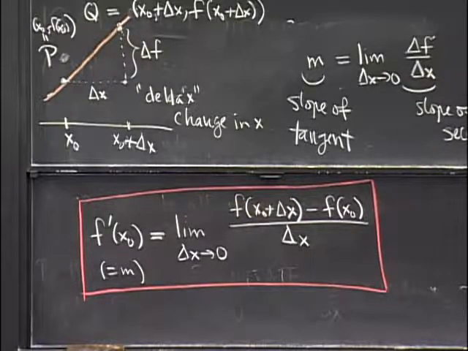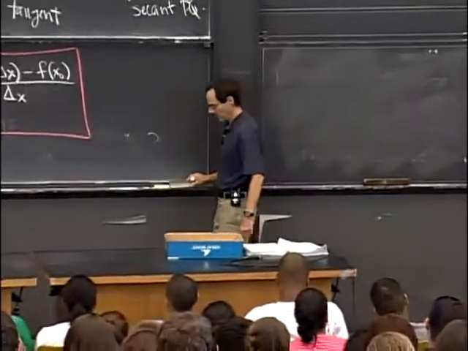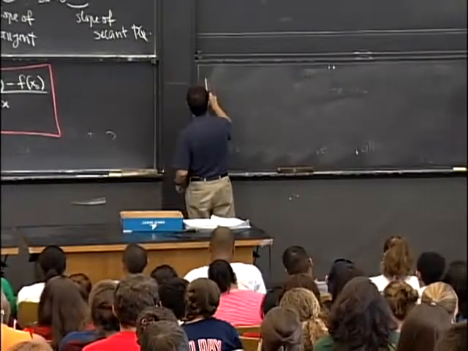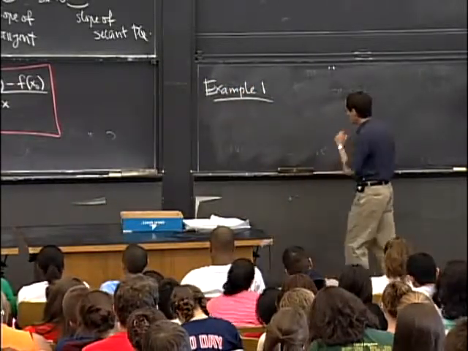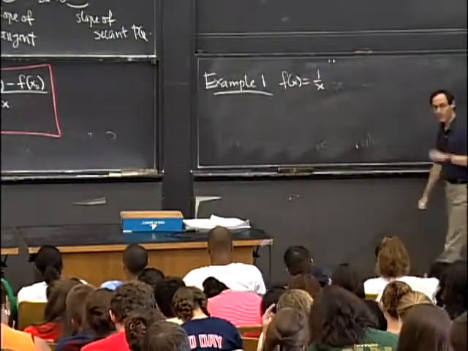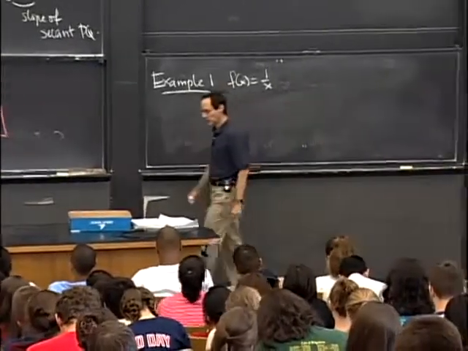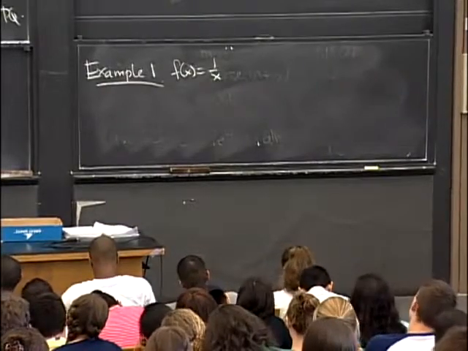So let's do an example. We'll call this example 1. We'll take the function f of x, which is 1 over x. That's sufficiently complicated to have an interesting answer, and sufficiently straightforward that we can compute the derivative fairly quickly.